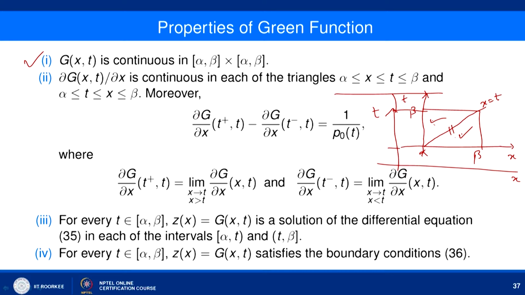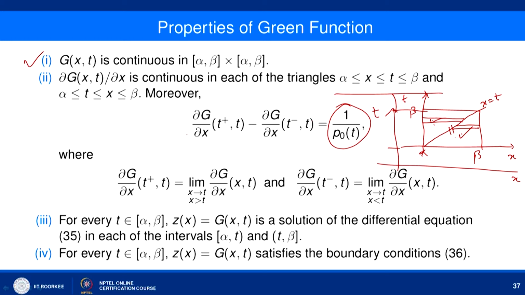So, it is given by partial G by partial x at (t plus, t) minus partial G by partial x at (t minus, t) is equal to 1 upon p naught t. It means that if you calculate partial G by partial x in this region minus partial G by partial x in this region, then it has a jump discontinuity of measure 1 upon p naught t.